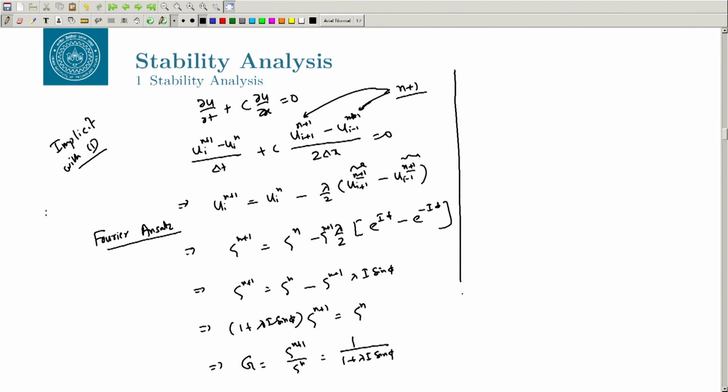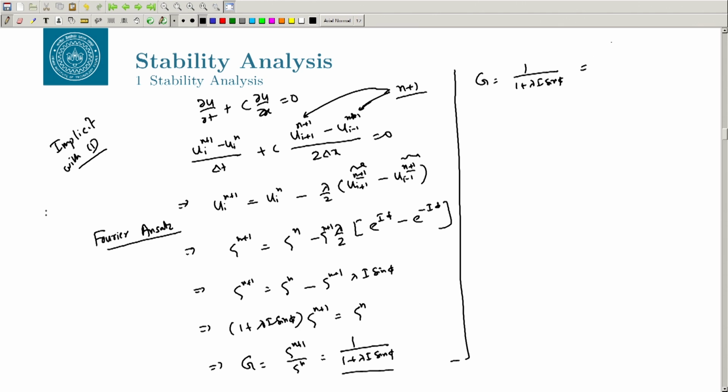So now we have to find out whether this scheme is stable or unstable. Again it is a complex number, so we will write it in a proper complex number form. We will rearrange the terms. We want to see whether it is less than 1 or greater than 1.